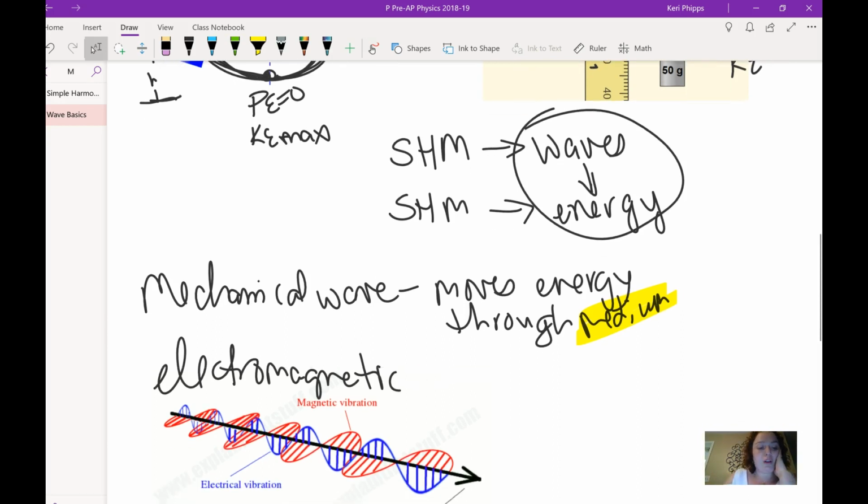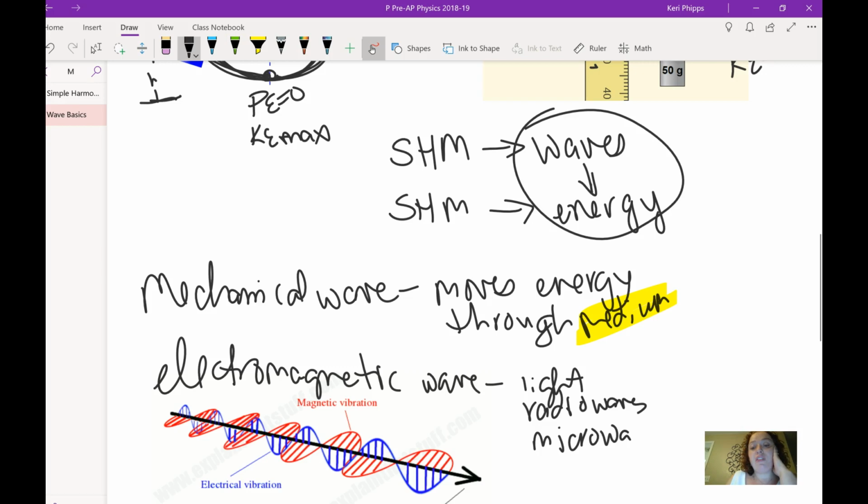Electromagnetic waves are things on the electromagnetic spectrum, such as light, radio waves, microwaves, gamma rays. Anything like that is considered an electromagnetic wave, and it doesn't have to travel through a medium. So an electromagnetic wave moves energy, but does not need a medium. So that was your example of electromagnetic waves.